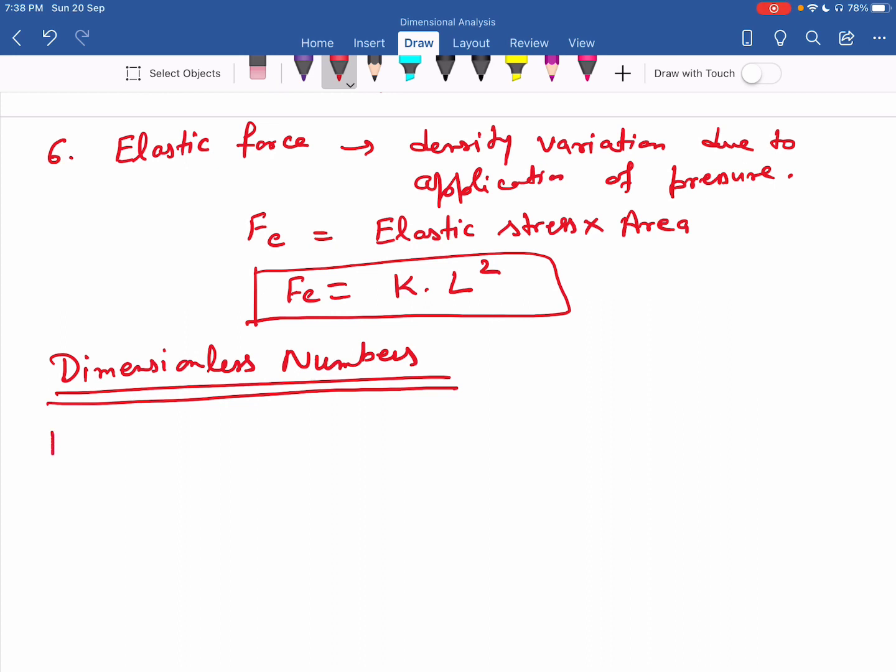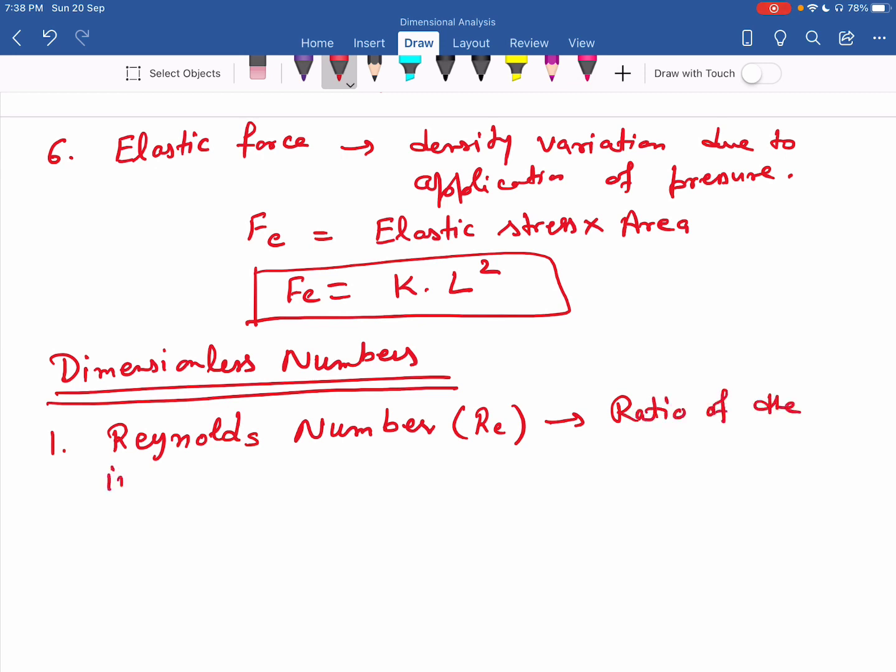So the first dimensionless number is Reynolds number. It is represented as Re, and it is defined as the ratio of the inertia force to the viscous force. So Re you can write as FI divided by FV.